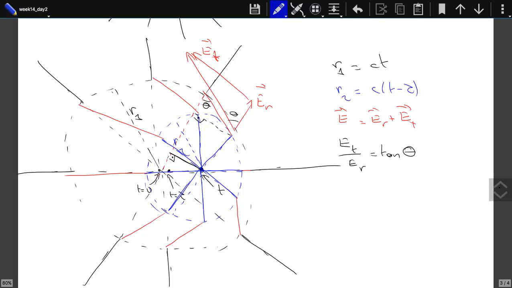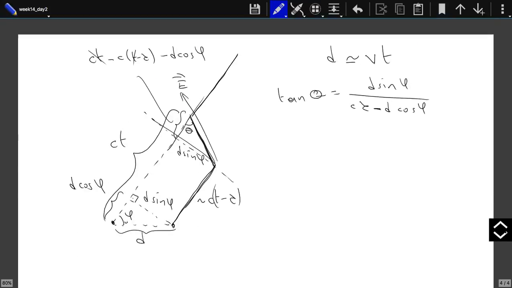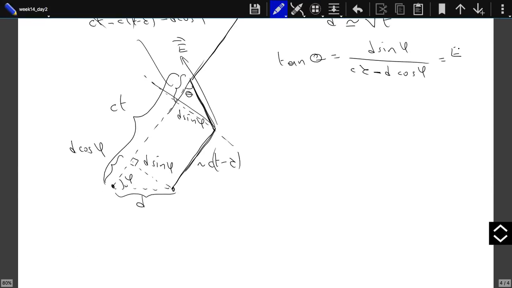ET over ER is nothing but just ET over ER. ET is this length, ER is this length, that is nothing but our tangent theta. The transversal component of the electric field divided by the radial component of the electric field is equal to tangent of this angle over there.